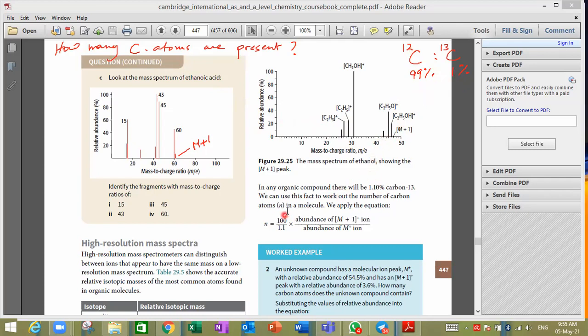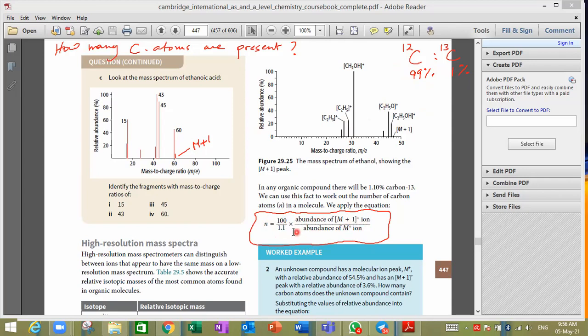We apply a rule that says the number of carbon atoms in a molecule equals 100 over 1.1, as if 100 is the 100% of carbon 12 and 1.1 is the percentage of carbon 13, times the opposite: the relative abundance of the M+1 ion peak divided by the abundance of the M+ peak.